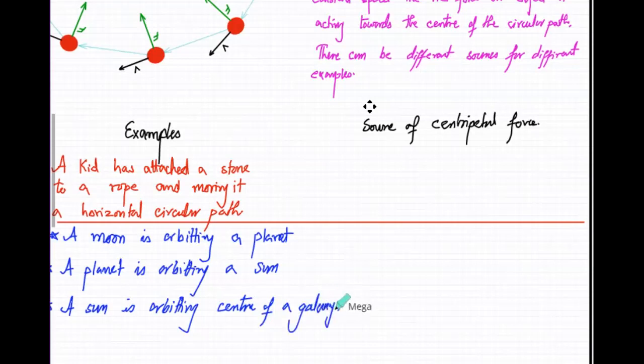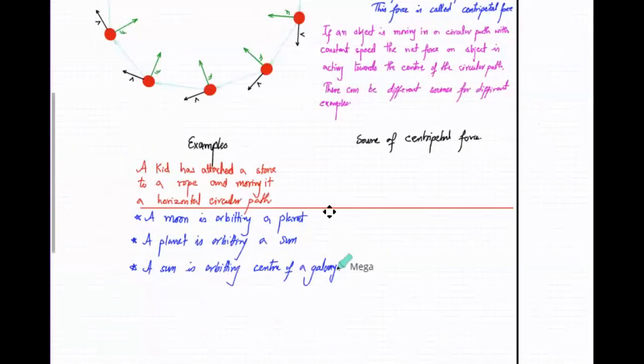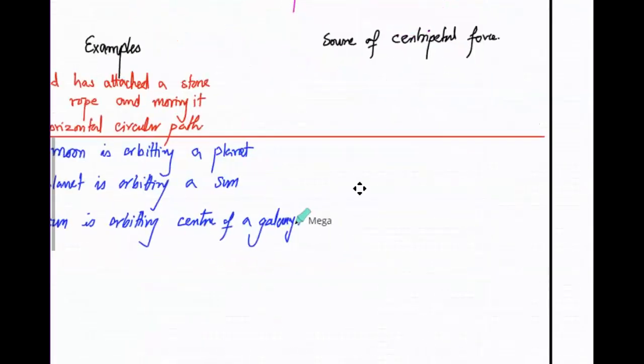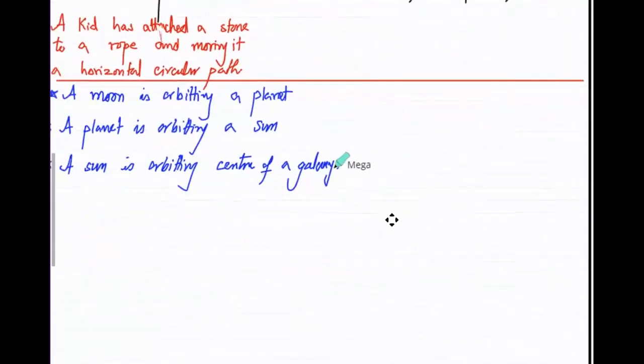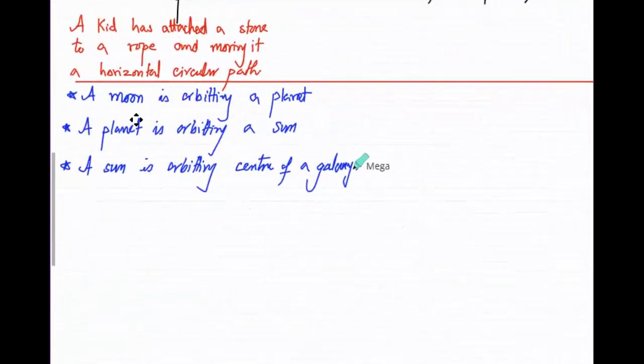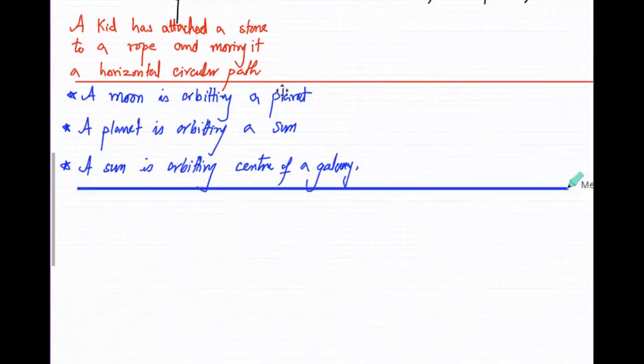So in these circular motion examples, where there is a planet or artificial satellite or natural satellite orbiting a planet, or a planet orbiting a sun, or the sun orbiting the center of a galaxy, what is providing centripetal force in these examples? All of them are circular motion. What provides centripetal force in these cases?